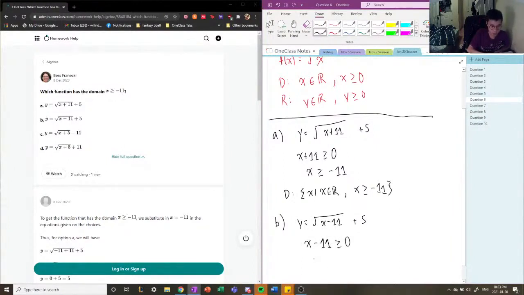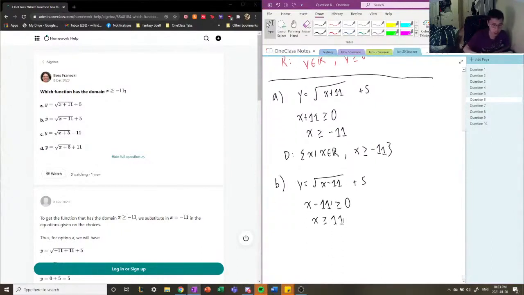So if we isolate for x, x has to be greater or equal to 11. If x is less than 11, so let's say x is 10, then this function is going to be a square root of a negative number, and we cannot evaluate it. It's not defined, at least in the real number sense. Because of that, our domain here is x such that x belongs to all real values, but x has to be greater or equal to 11.